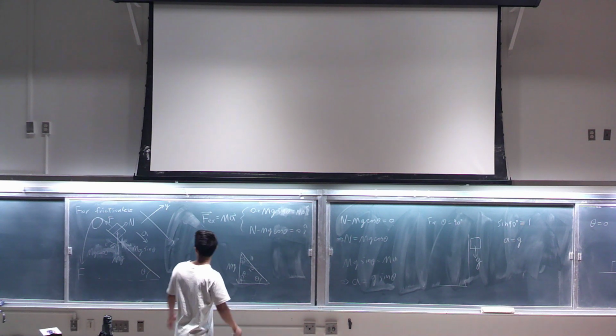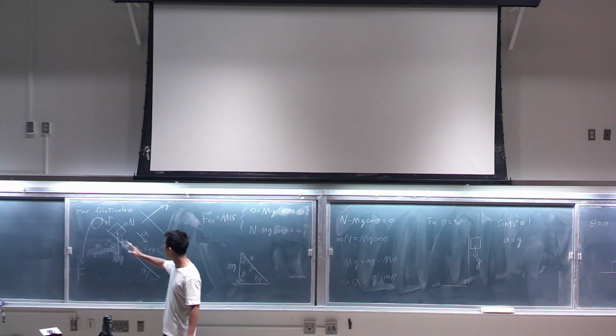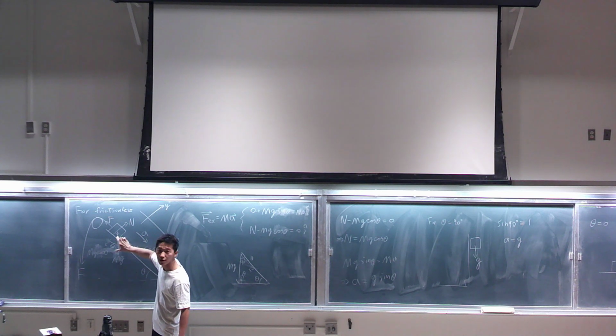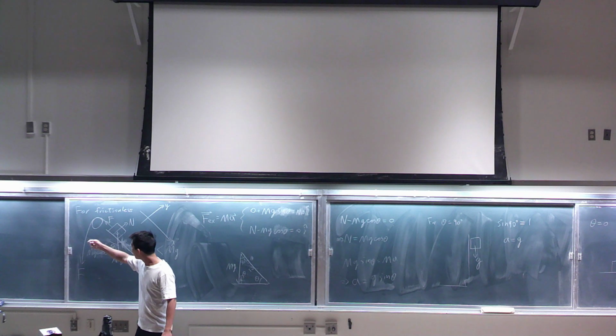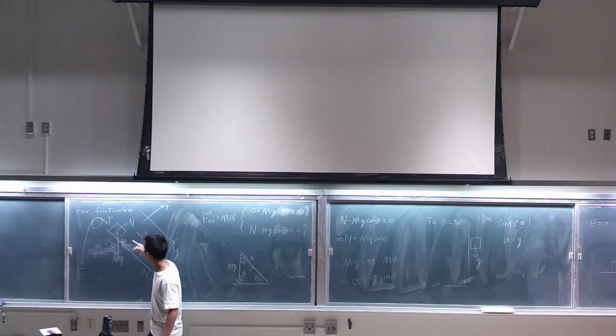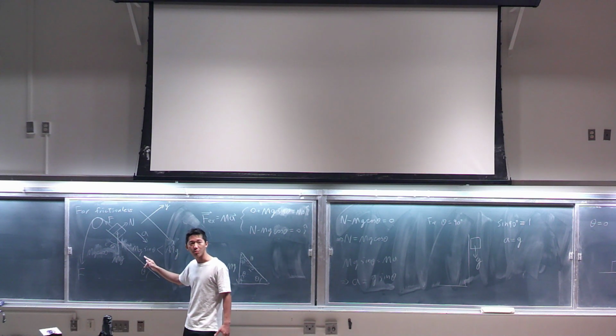Is mg sine theta bigger or smaller than mg? It's smaller. Sine theta is always smaller than 1, so this component is always shorter than the vector itself. When you have a slope, you can easily move a block upward with a smaller force because you only need to fight the tangent component of gravity.